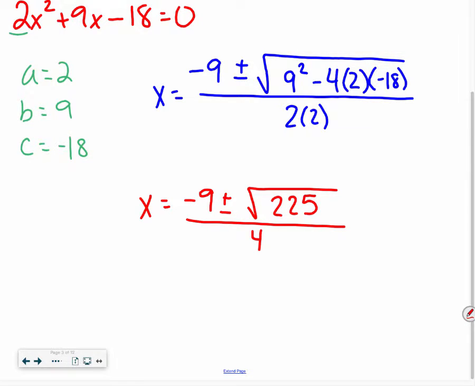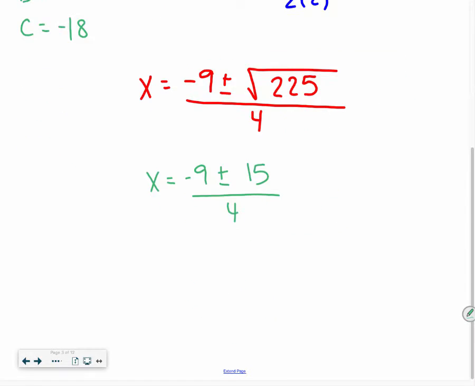So I really have x equals negative 9 plus or minus the square root of 225, which is 15, all over 4. So remember that plus or minus means you're going to do it twice. Once you're going to say x equals negative 9 plus 15 divided by 4. And another time you're going to say x equals negative 9 minus 15 over 4.